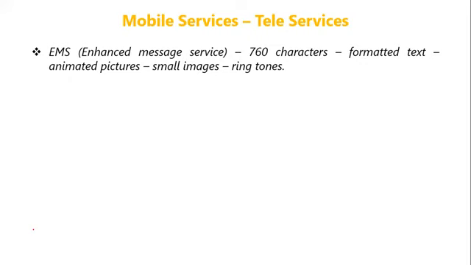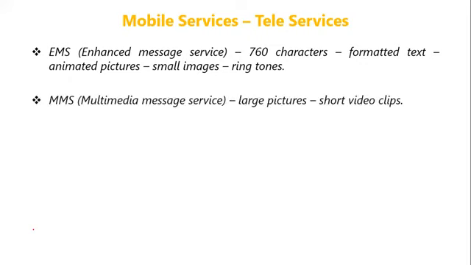But EMS never became very popular because of the introduction of MMS, which is Multimedia Message Service, which offers the transmission of large pictures like GIF and JPEG pictures, and also allows transmission of short video clips. It is supported by mobile phones with a camera.